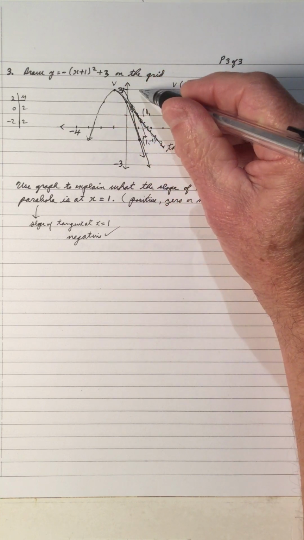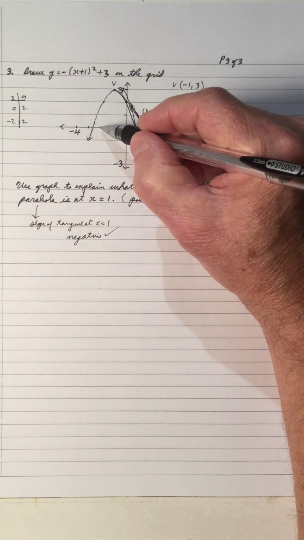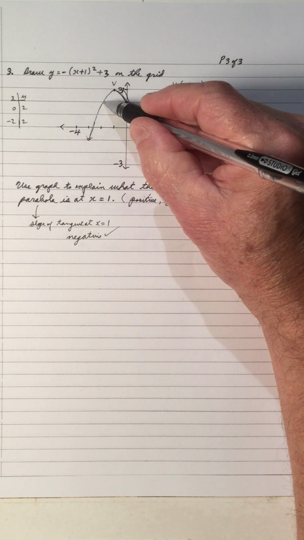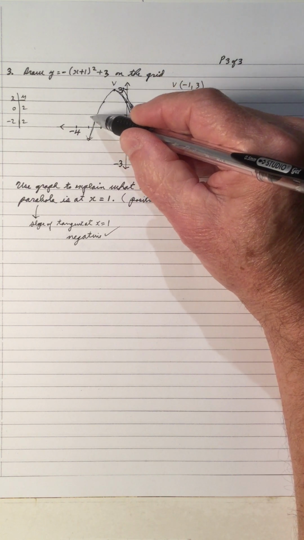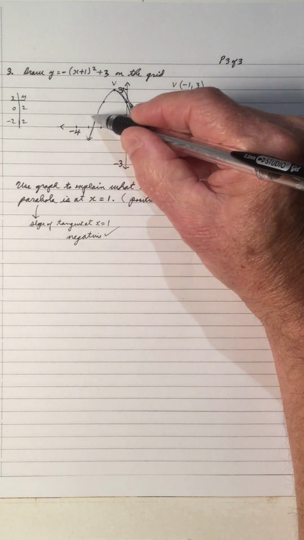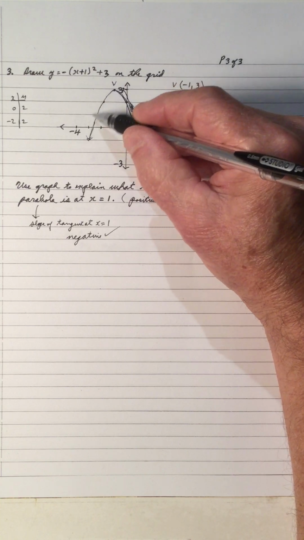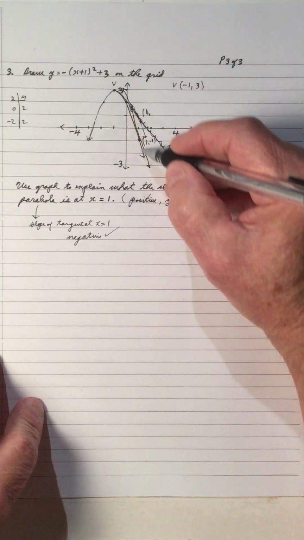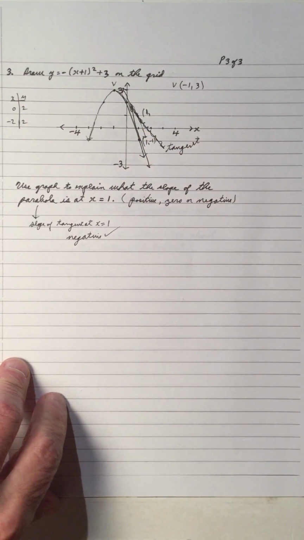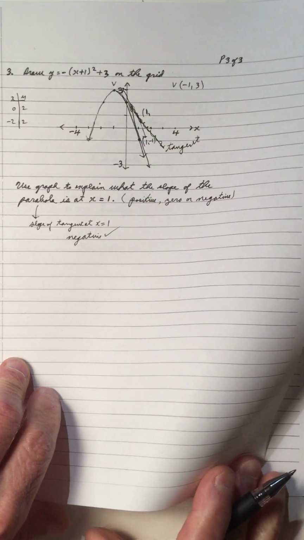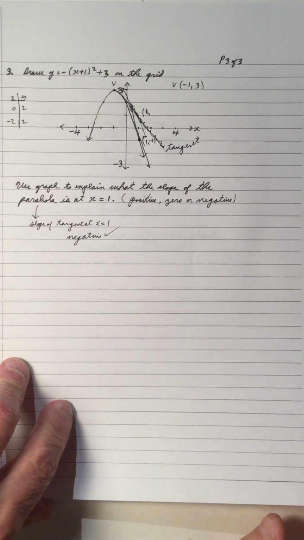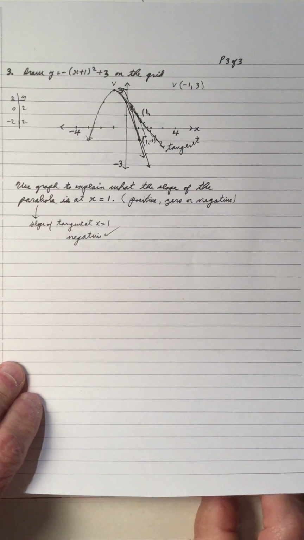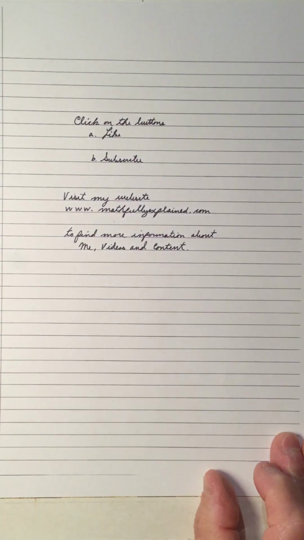The slope of the tangent would be 0. And if x was negative 2, this point here, then the slope of the tangent would be positive. The slope of the curve at this point would have been positive. So it's negative, and that's why, because the slope of the tangent is also the slope of the curve. We're going to see that coming up in further videos.